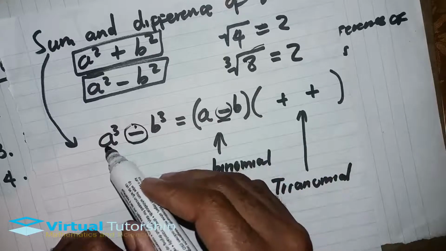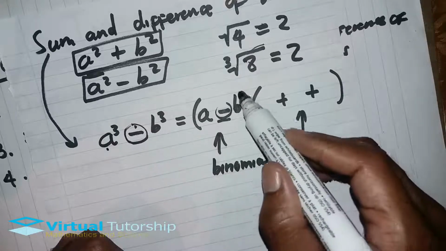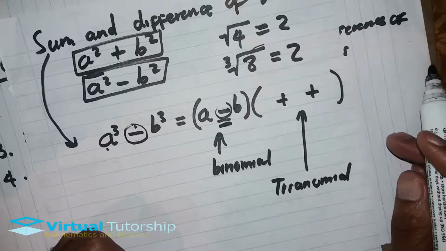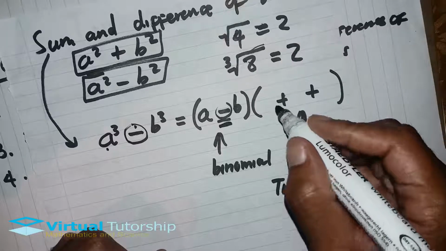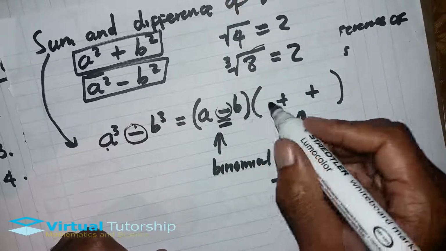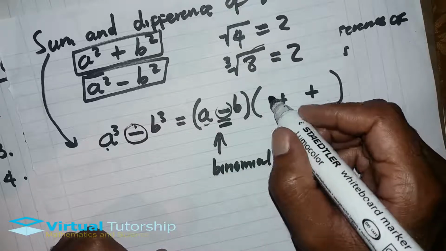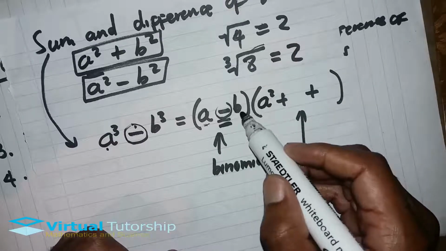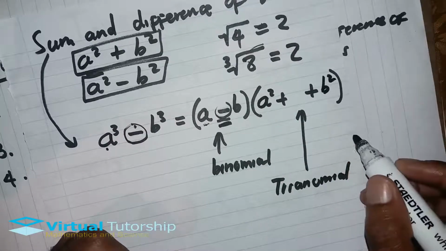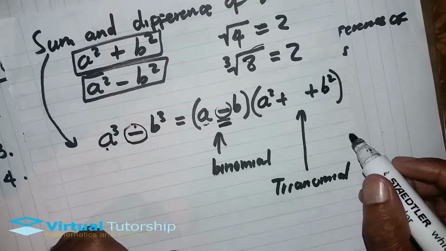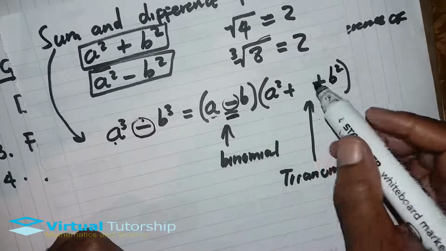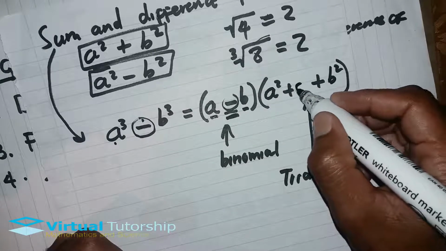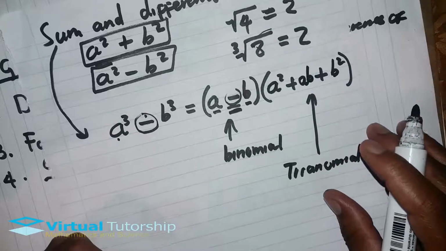Now if you have a difference of two cubes, the binomial will have a negative sign, and then the trinomial signs will both be positive. Look, the first term of the trinomial is the square of a. You take a, square it, and write the answer here, and then take b and square it, and that is the answer there. The middle term you get by multiplying a and b, so the answer is ab.